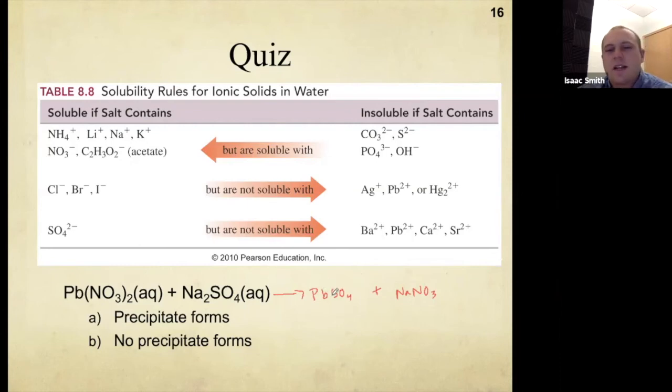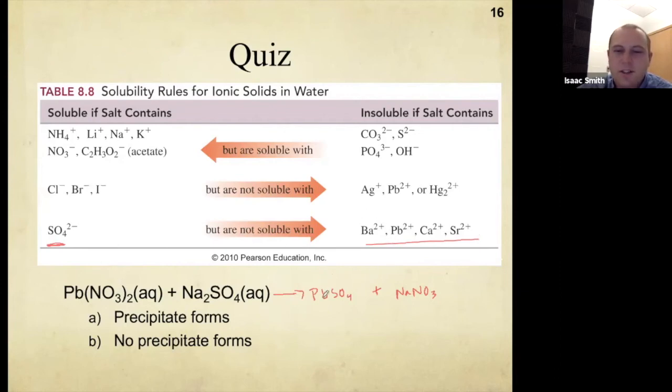Okay, so let's look at lead sulfate. All right. So we have sulfate is soluble unless it contains any of these 4 cations. And this is a lead 2+, right? We know that because nitrate is -1, and there's 2 of them.